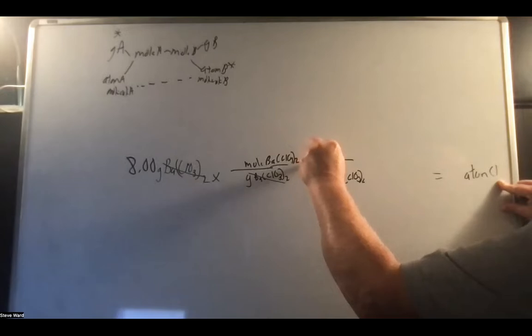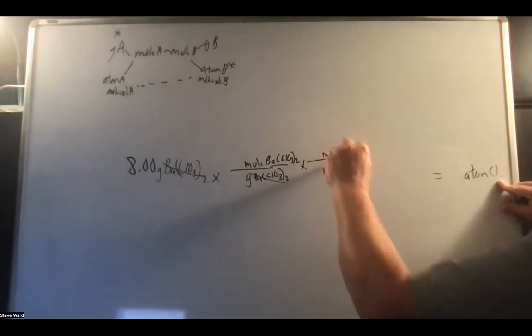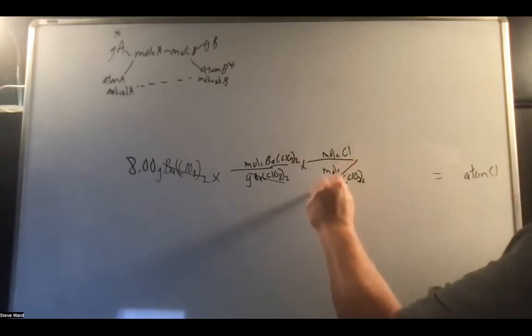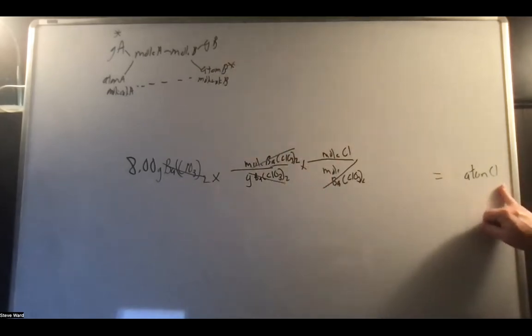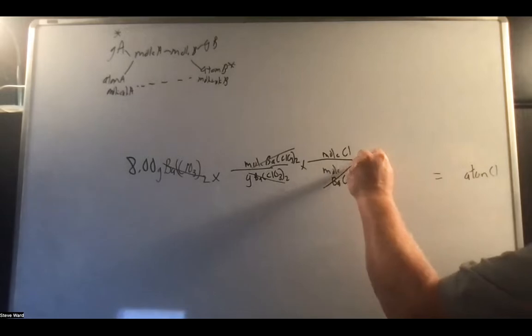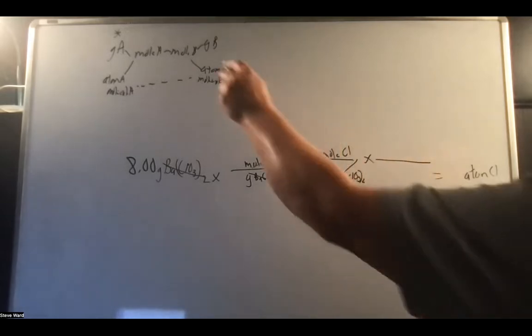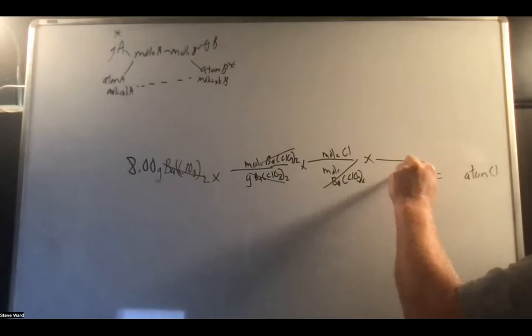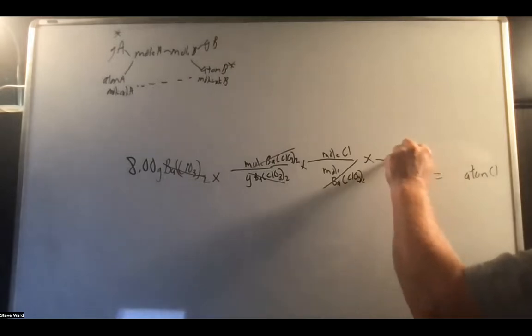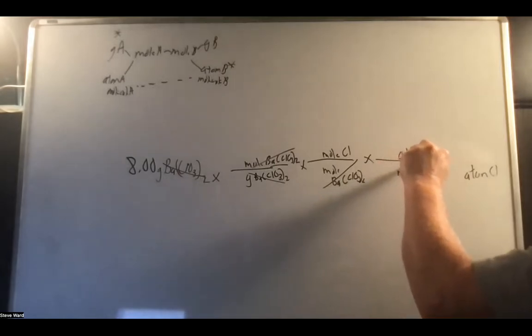So I'm going to change to moles of the chlorine. The B is what I'm looking for, the chlorine. I'm still not finished because now I have to go from moles of B to atoms of B. So I'm going to go from moles of chlorine to atoms of chlorine.